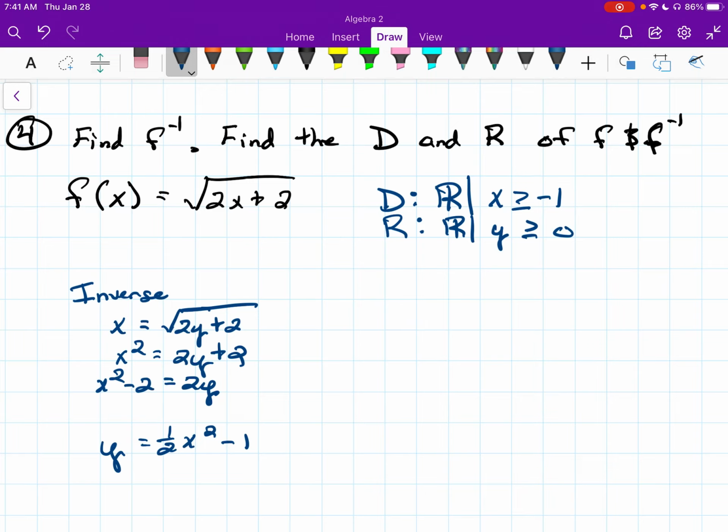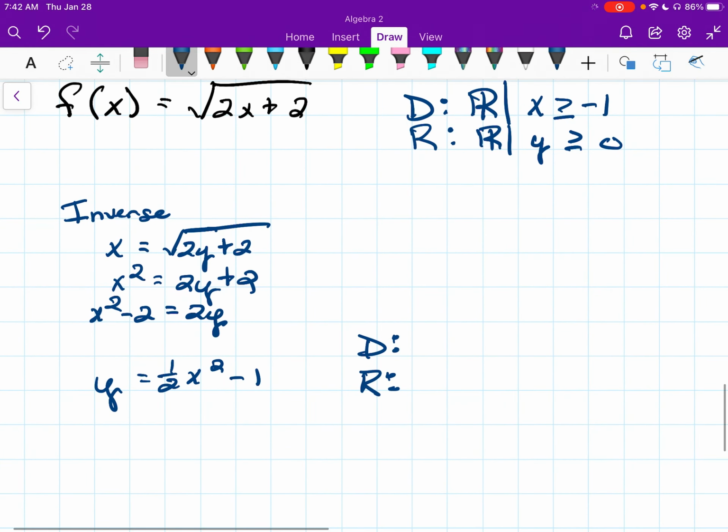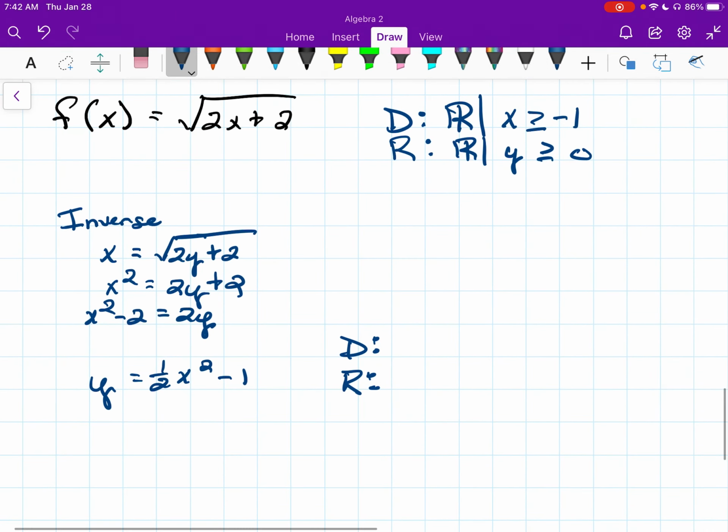A lot of the time we only talk about the principal root, the positive root of our root function. That way it stays to be a function, it's not just a relation. So here, our domain and range of this guy, well, let's think about this.